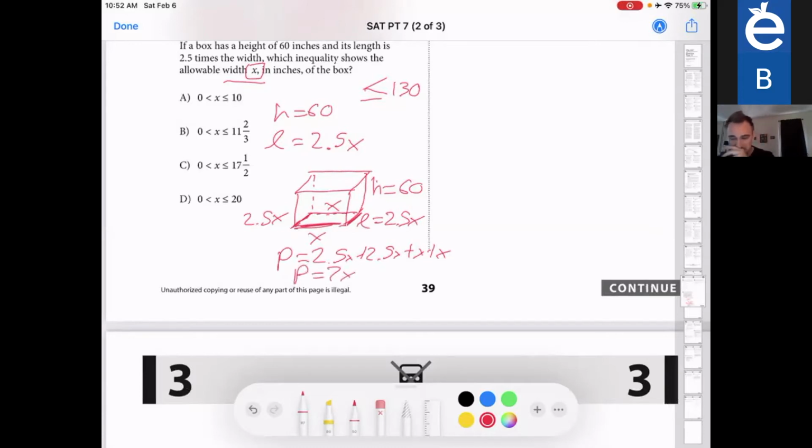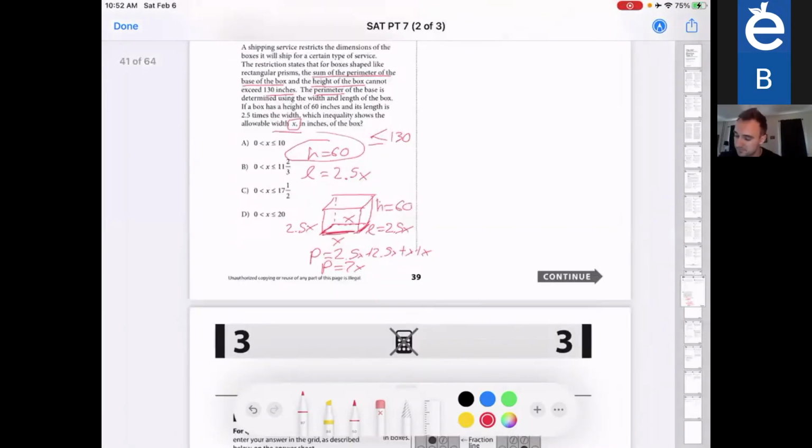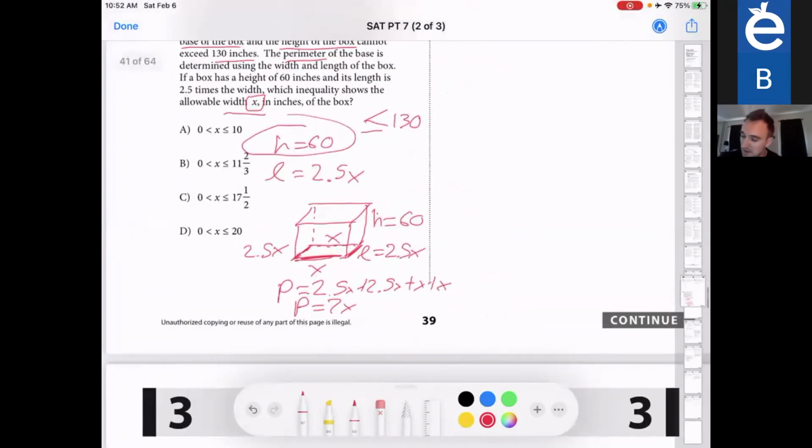And then they tell me that my height, we knew, was equal to 60. So let's throw this all together here. I know that my perimeter of 7x plus my height of 60 cannot exceed 130. Must be less than or equal to 130.